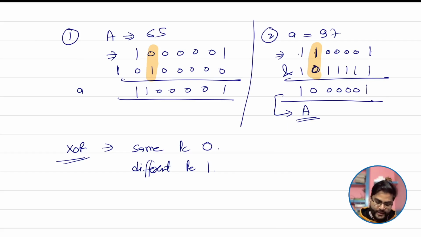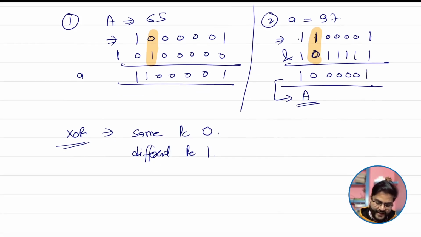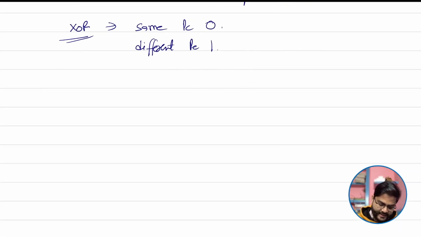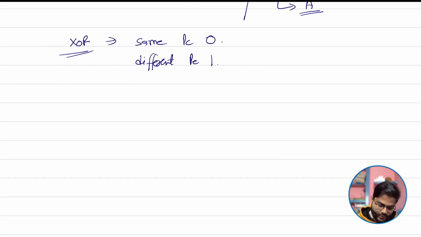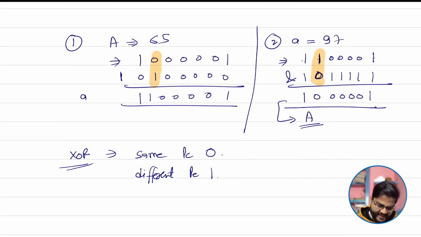So we can use it for inversion. What if I take XOR with some mask? What if I use XOR to invert the bits? What can I do? I can take a mask. Let's take this example only.